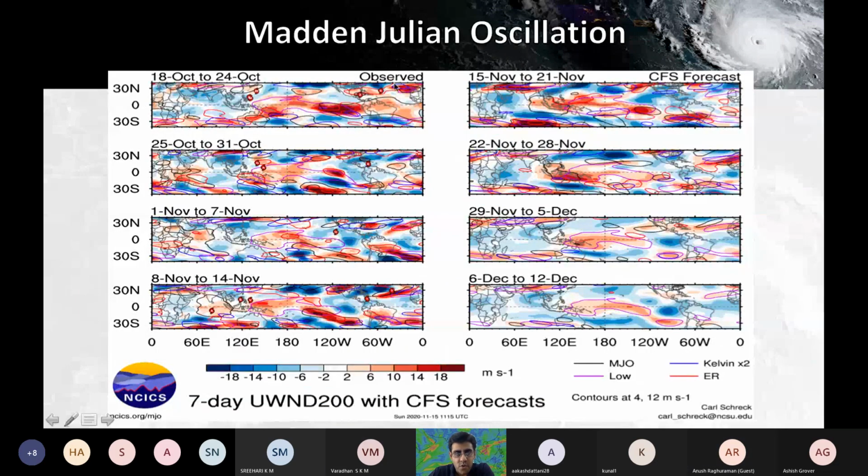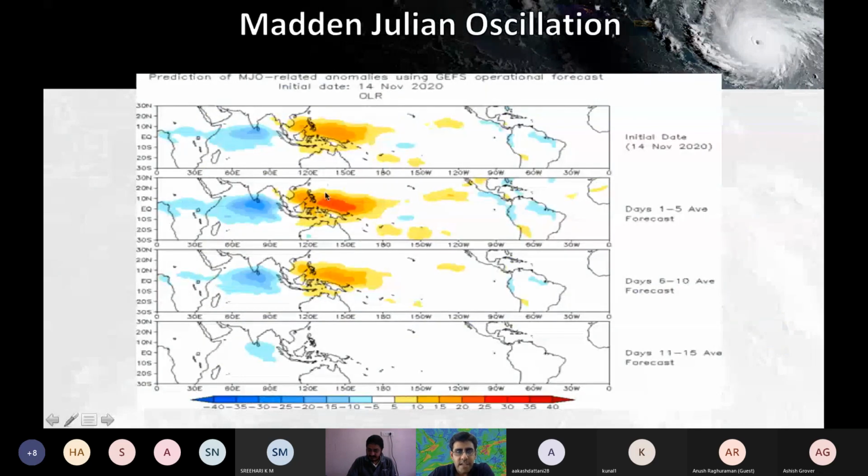All of these use the forecasted data from CFS, which is the 7-day U wind, and the OLR data from GFS. So if you are going to use the same data, then I'm not sure what extra you are going to get, unless you change the way you are looking at the MJO, unless you introduce your own knowledge of something which is missing.